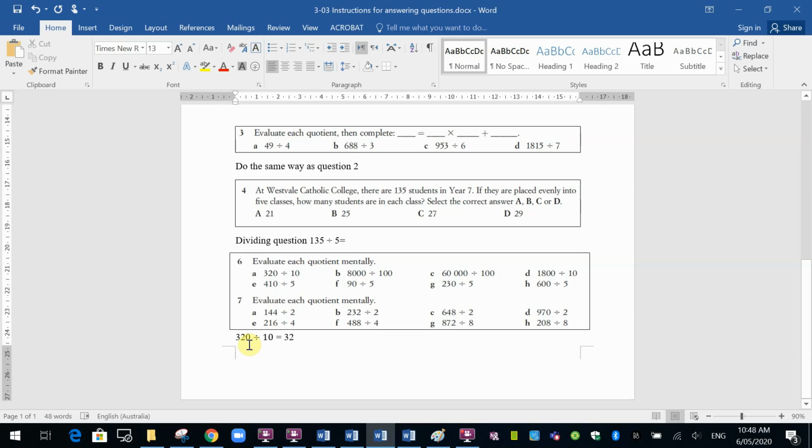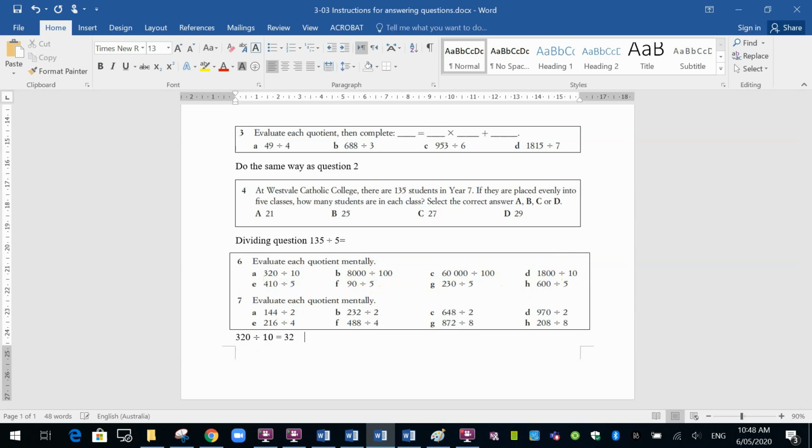The last 0 is taken off. So when you divide by 10, in each one of these 4 examples, you just simply remove the 0 at the end and you've got your answer. What about 100? You take the last 2 zeros off. Divide by 100, take the last 2 zeros off. Divide by 10, take the last 0 off.